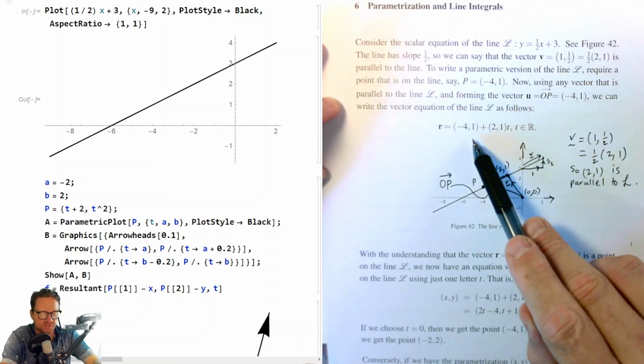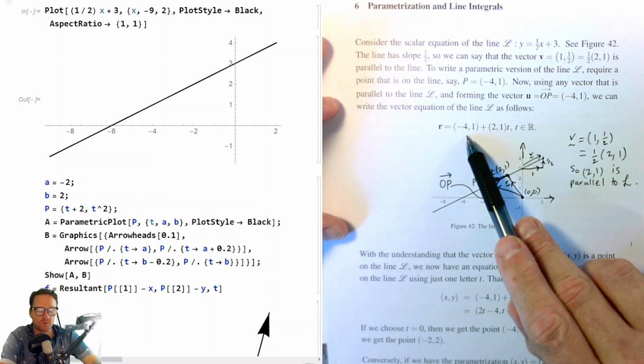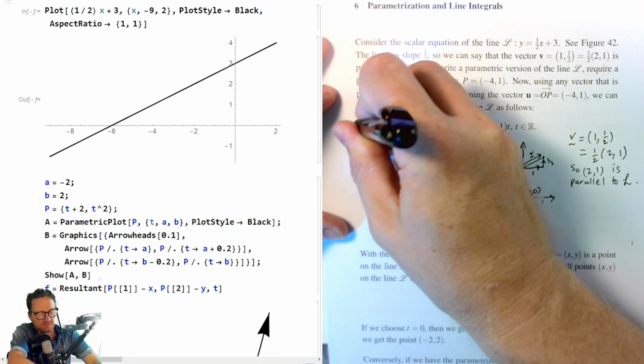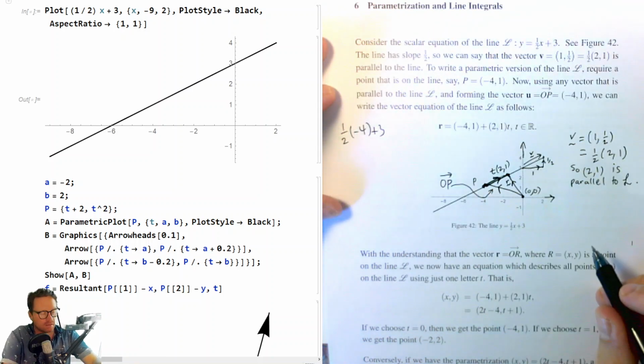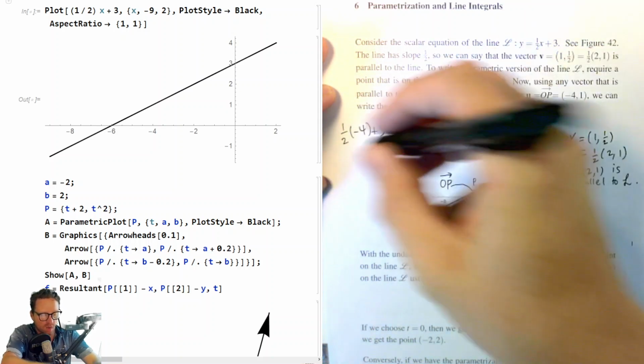And so here I've chosen x is equal to -4. So let's take a look at this. 1/2 of -4 plus 3. Well, that's -2 plus 3, which is equal to 1.